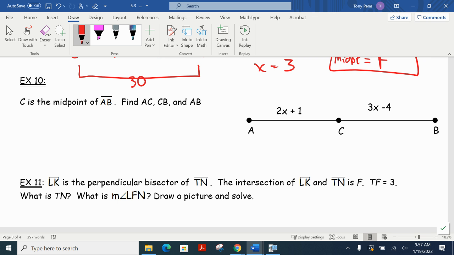Like this one up here, it was similar. And there will be problems where maybe I give you this whole length, and then you could have the levels that equal that whole length.